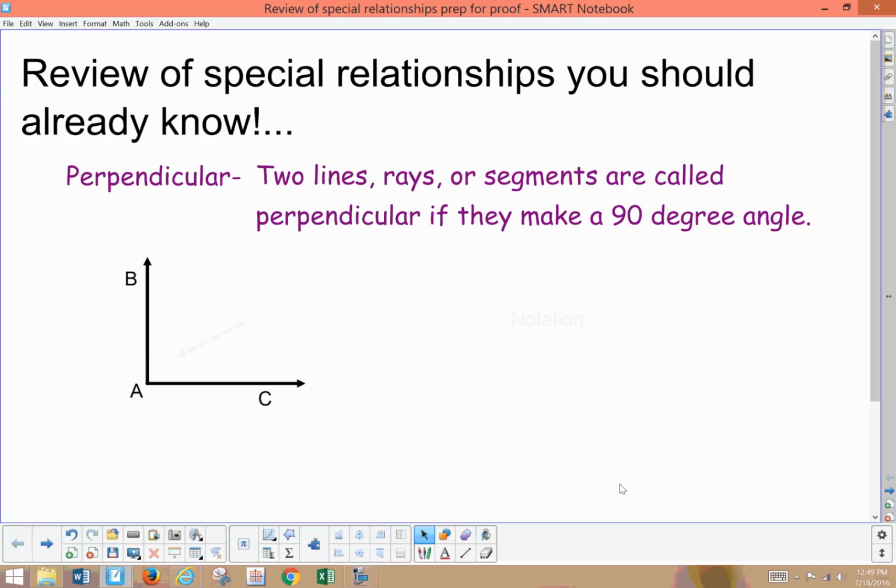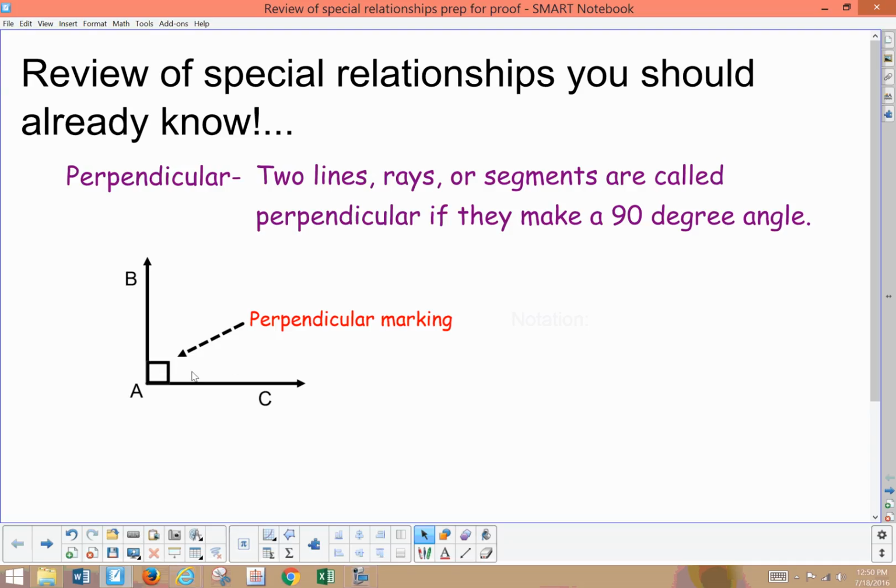When we talk about perpendicular, we're talking about two lines, rays, or segments that are called perpendicular because they create a 90-degree angle. Now, you'll see this in a picture by seeing this little bitty square in the corner of the angle.